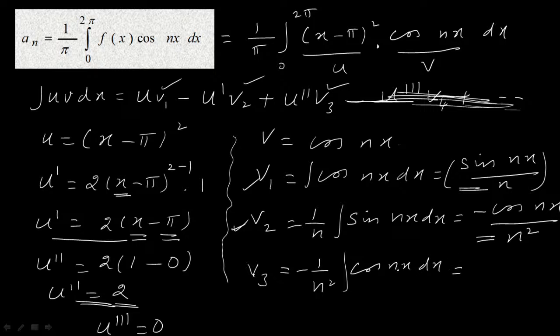So when integrating cos nx dx you get sin nx divided by n. Already you have the minus sign and n square in the denominator, so that becomes n cube. So this is your v3. So now let me evaluate this integral by making use of these derivatives u dash, u double dash, and the integrals of v that we have calculated.